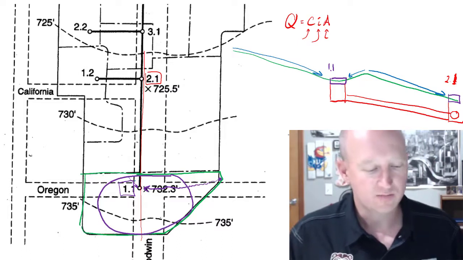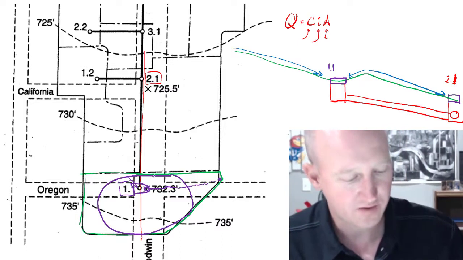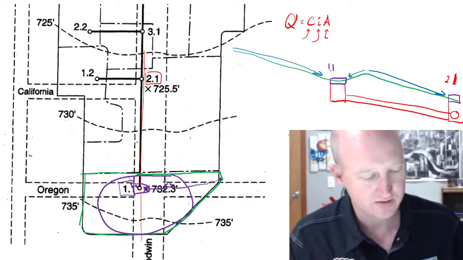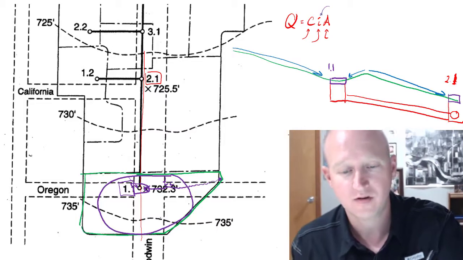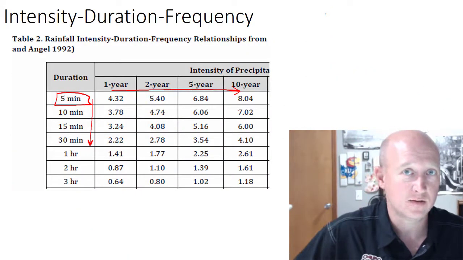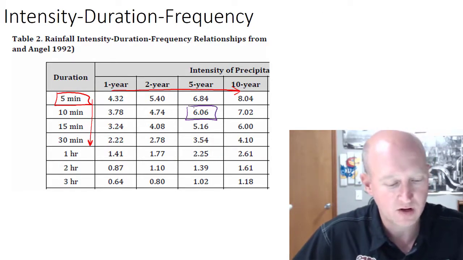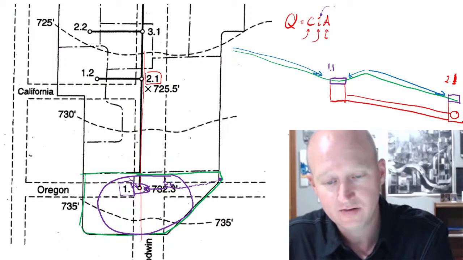So to size the inlet, what we'll do is first figure out what the time of concentration needs to be for that inlet, and that will tell us what the intensity should be from this type of figure. So we'll pull a value off of this and plug it into this equation for intensity.